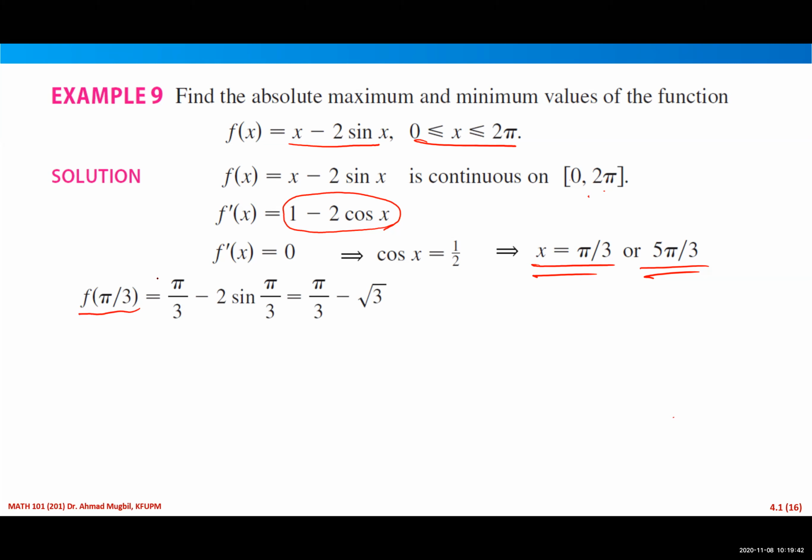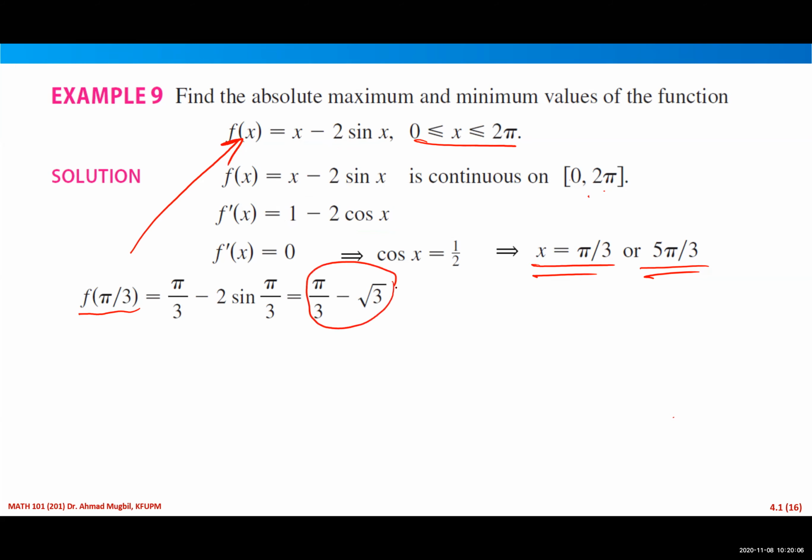The value of the original function now. So evaluate the function at these numbers. You have here pi over 3 minus 2 sine pi over 3. Sine pi over 3 is what? It is square root of 3 over 2. So you will have pi over 3 minus square root of 3. Now this is the number.